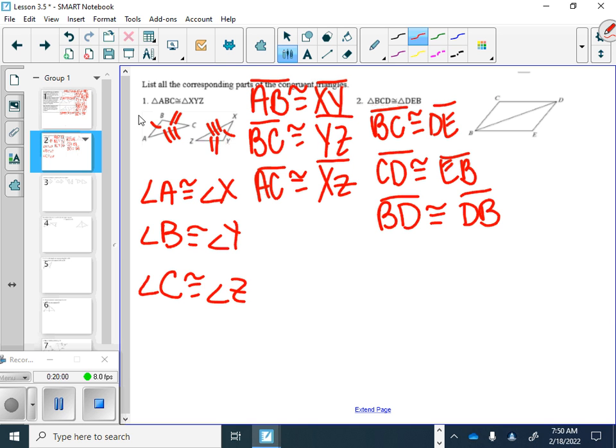This angle right here. So this left one. Here, let me redraw that. This angle right here. How can I name that? CDB.